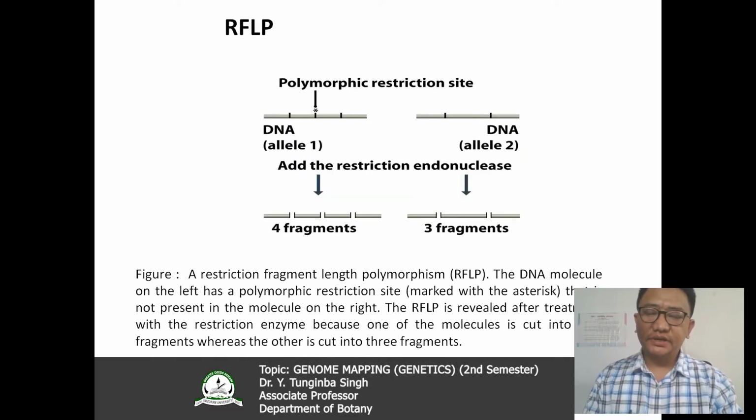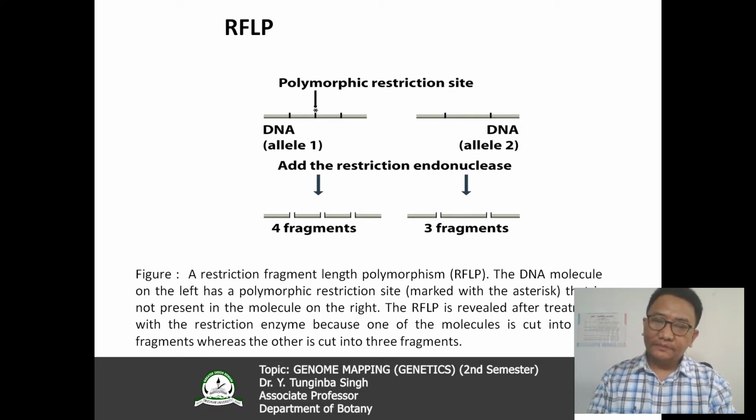RFLP is the cutting of DNA fragments with restriction enzymes to study polymorphic restriction sites. In this slide, there are two alleles of one gene, for example. In allele number 1, there are 3 cuts, and in allele number 2, there are 2 cuts.